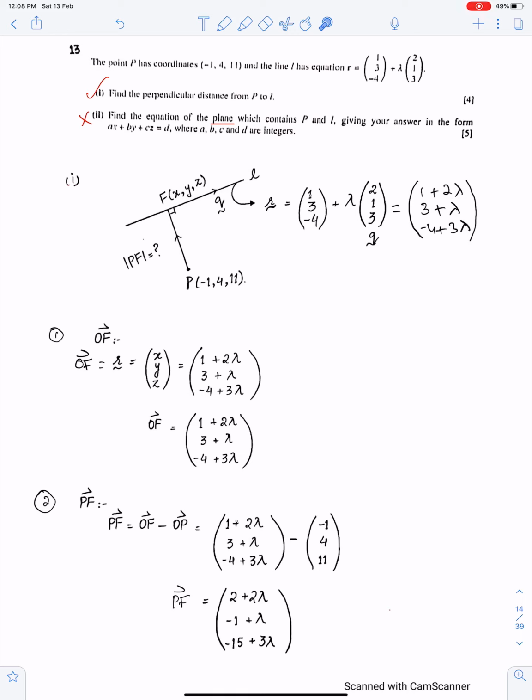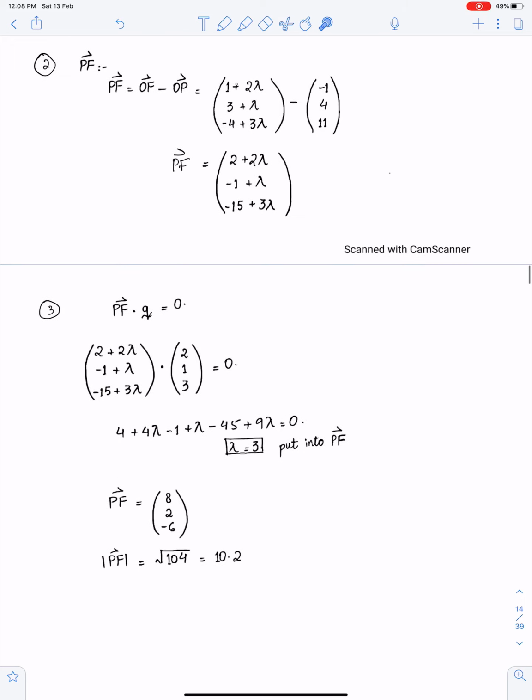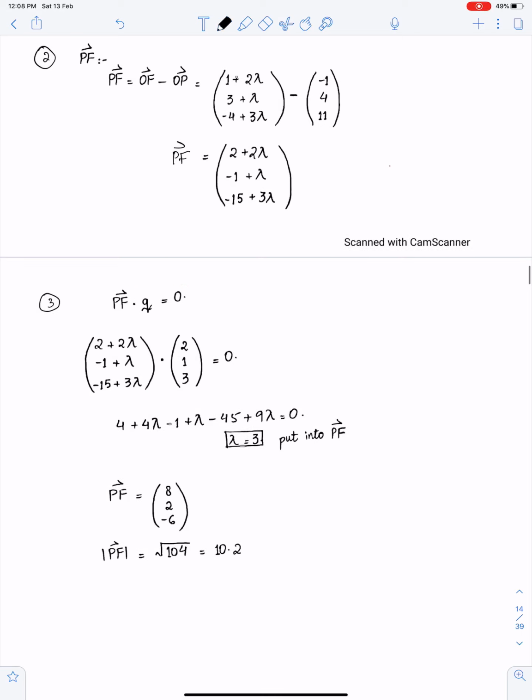Step 3, work for the value of lambda. For that, you need to take the dot product of PF with the direction of this line. You are working for the value of lambda. I'm writing this here for lambda. Use the dot product. This is the value of lambda. And this is step 4. Get PF, and then get its magnitude.